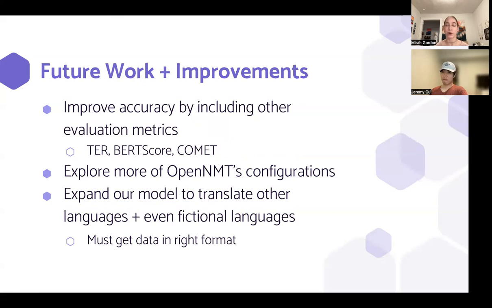We could also explore more of OpenNMT's configurations, as you can configure your model in a number of different ways, and there are a lot of potential things that we could tweak to improve our accuracy. And lastly, potentially being able to expand our model to include other languages and even fictional languages, although this is really dependent on being able to get the data into a form that will work with the model.